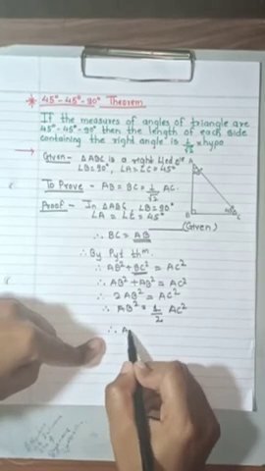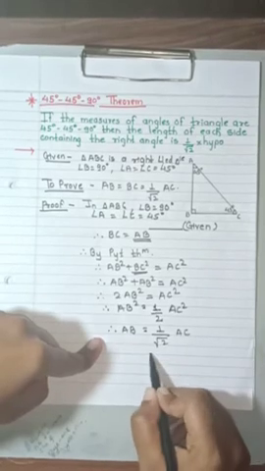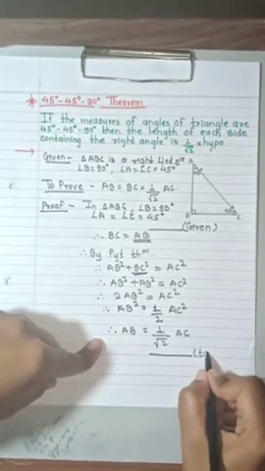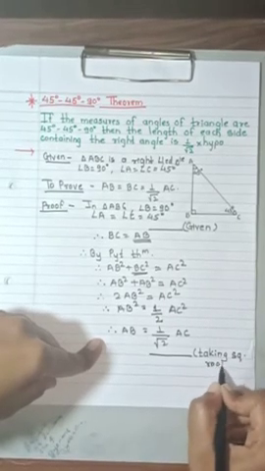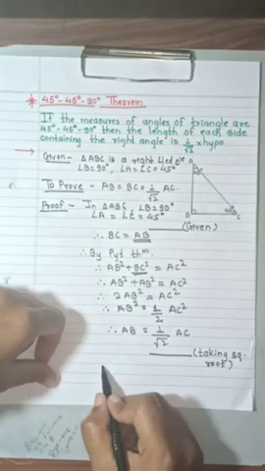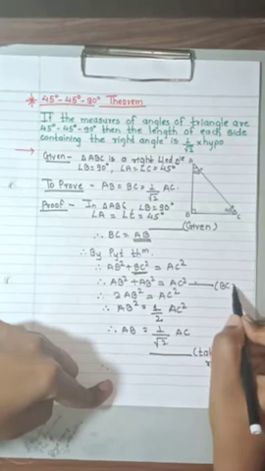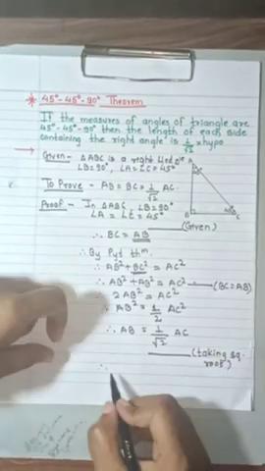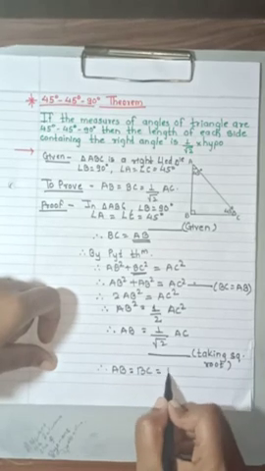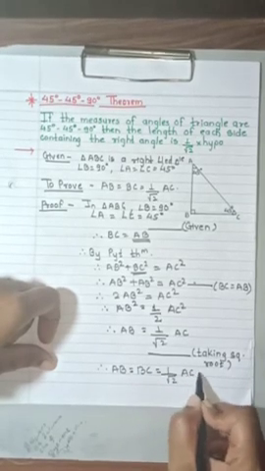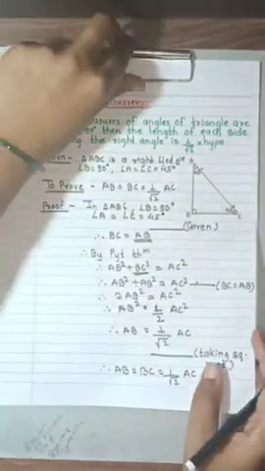Therefore, you can write down here AB is equal to 1 upon root 2 AC, and reason you can write down here taking square root. And therefore here also you can write down BC is equal to AB. Therefore AB is equal to BC is equal to 1 upon root 2 of hypotenuse AC. So in this way, this was a very simple theorem of 45 90 degree.